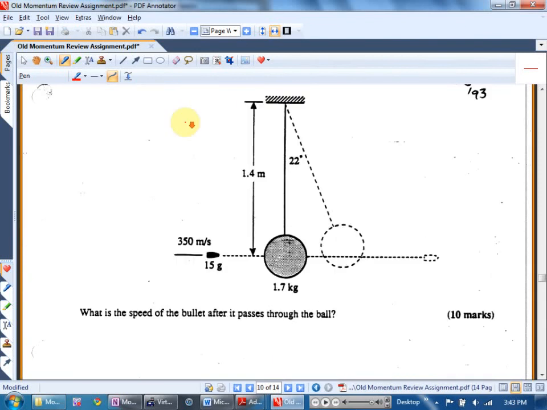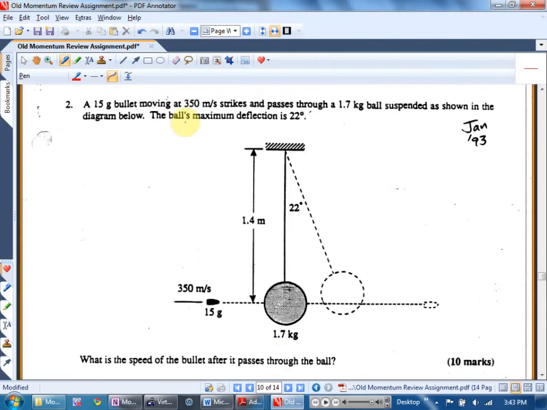Ballistic pendulum. This one is an old scholarship question. I expect you to handle the concept of this one, Justin, but the reason this one is so tough is, first of all, they're asking you to find the speed of the bullet after the collision, and they don't tell you how high this went. Instead, they just gave you the angle.